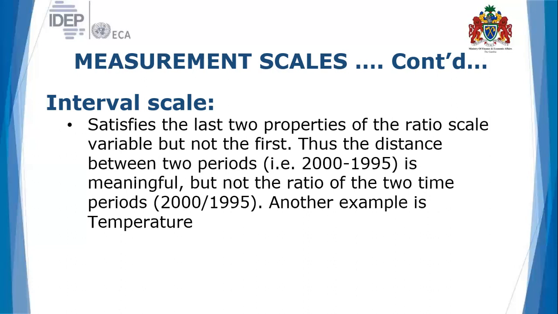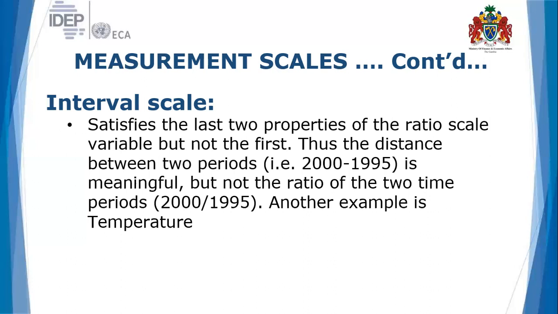If one district has recorded a temperature of 20 degrees Celsius, and another district has recorded a temperature of 40 degrees Celsius, we cannot say that district 2 with 40 degrees Celsius is twice as warm as the first district with 20 degrees Celsius.